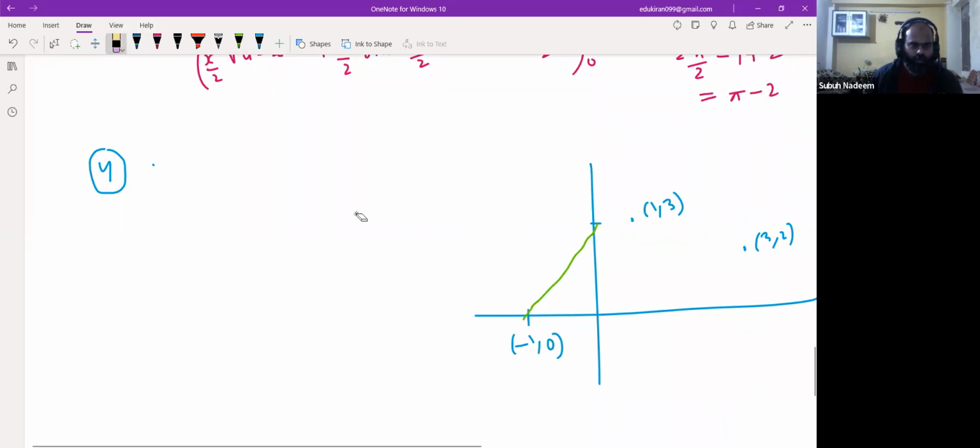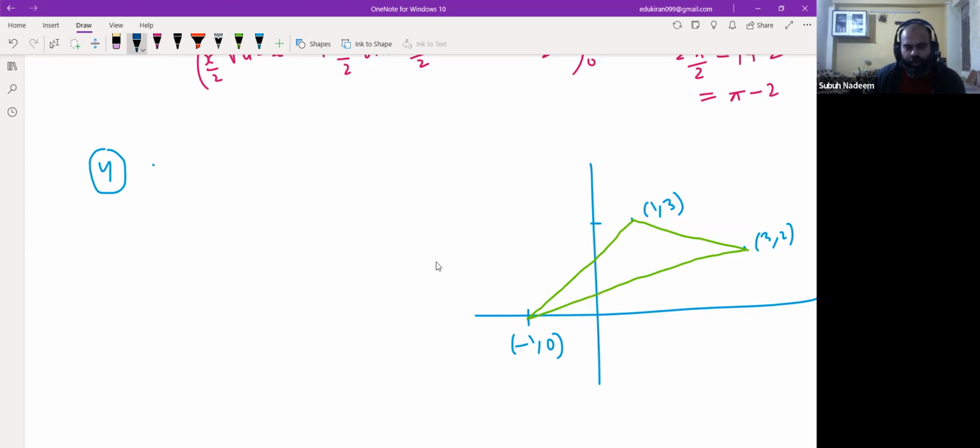Now you have to find it using integration.